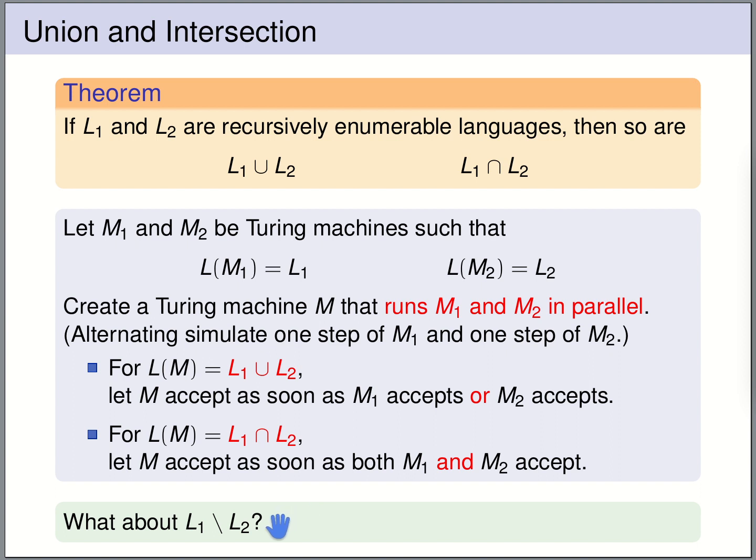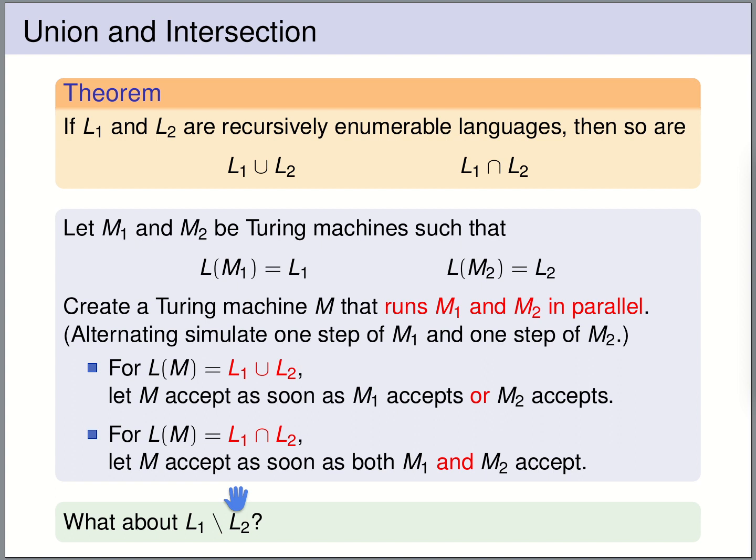What about the difference? Does the same idea work for L1 minus L2? It does not work. The problem here is that if we say we want the set of all words that are in L1 but not in L2, we have a negative condition. We want to know that the word is not in L2.